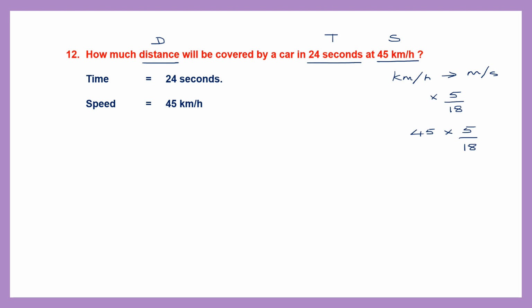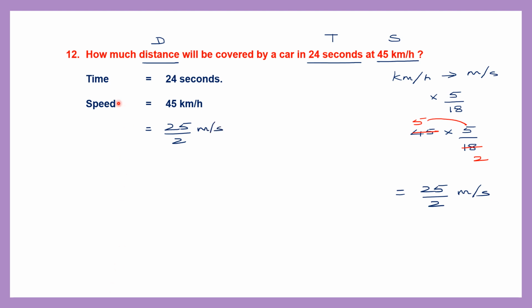Now let's cancel 18 and 45 by 9. 9 twos are 18 and 9 fives are 45. Now multiply the numerators. 5 into 5 is 25 and the denominator is 2. So we have converted kilometer per hour to meter per second. So speed now is 25 by 2 meter per second.